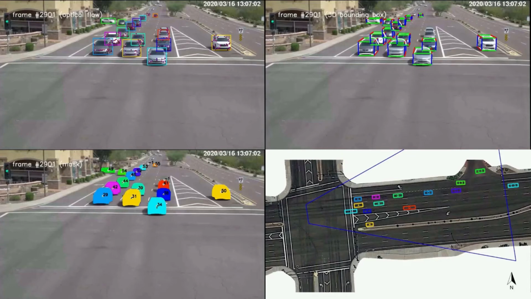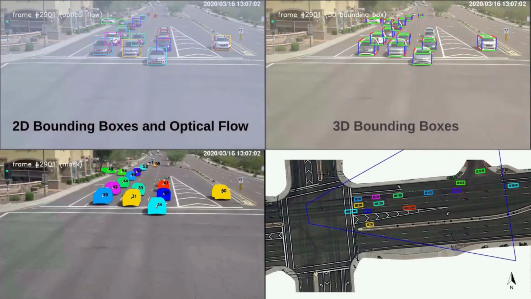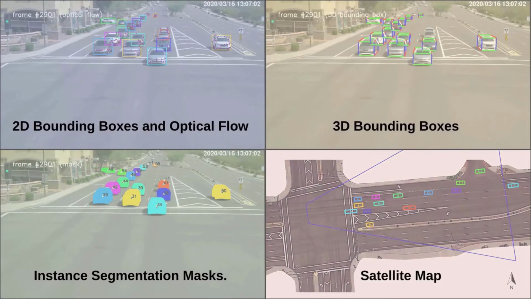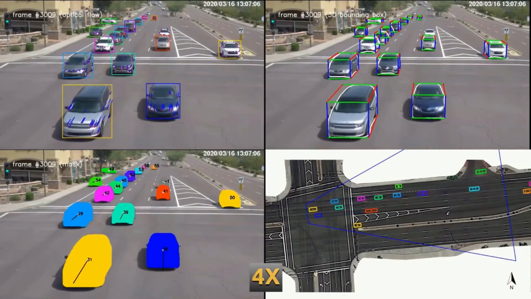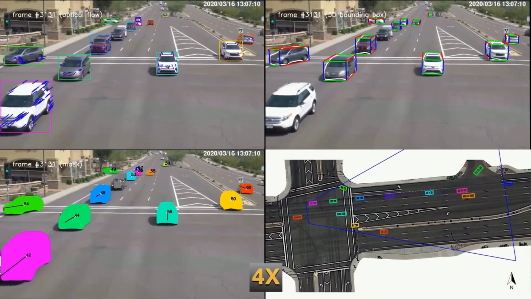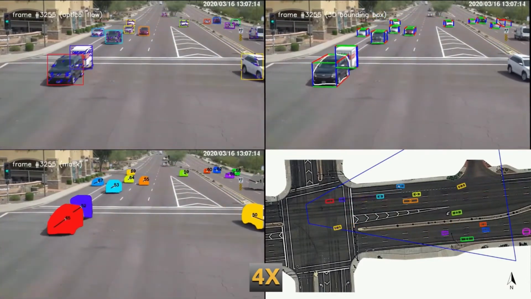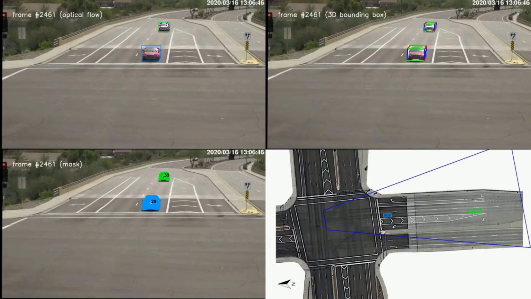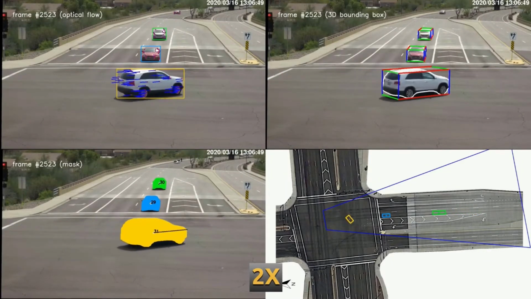Here are the detailed results on the intersection eastbound. We can see this method can still work with slight occlusion. Here are the detailed results on the intersection southbound.